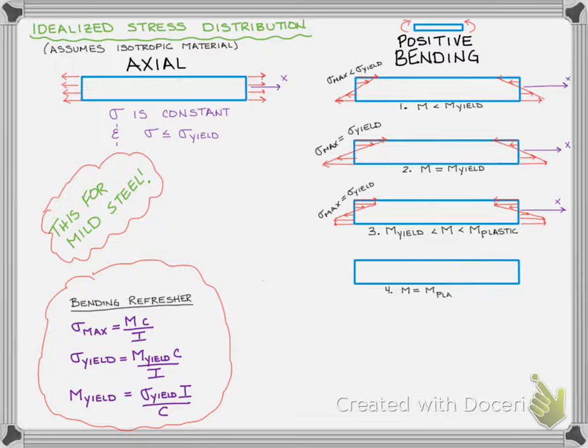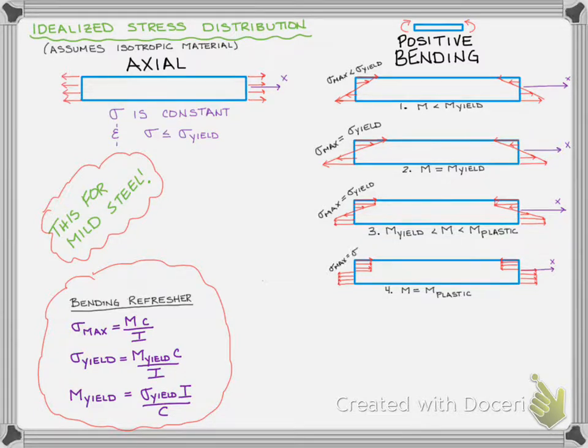And then finally, we're going to set our moment equal to the plastic moment, the highest value. And here, we keep adding moments and we keep making the yield surface deeper and deeper until we've yielded all the way from the outer fiber of bending to the centroid. And so this now is what we call the plastic moment. Now our maximum stress is still sigma yield. We haven't gone any higher than sigma yield.